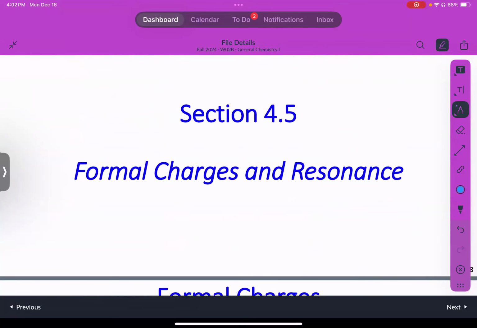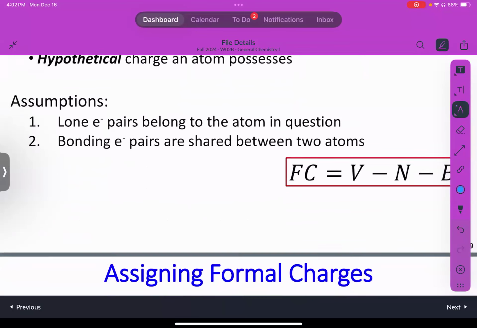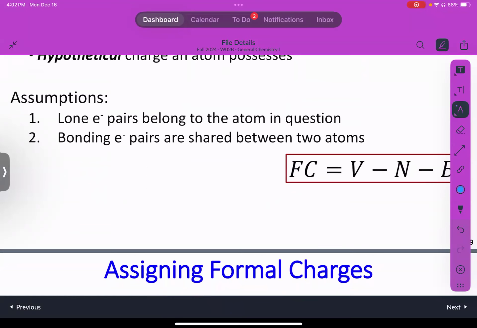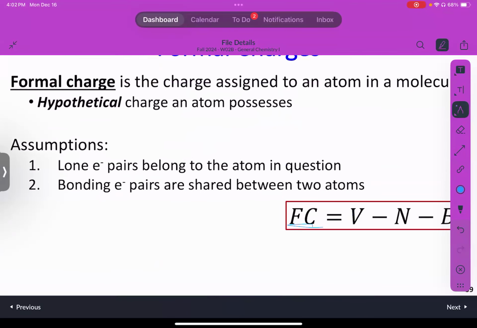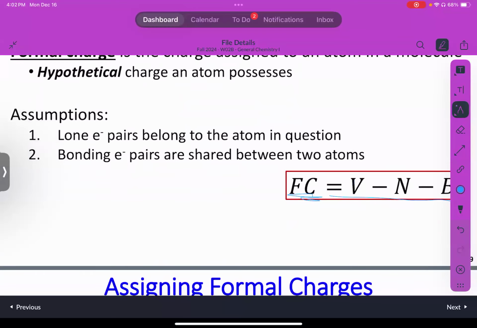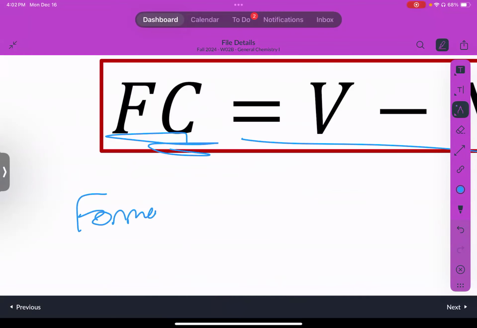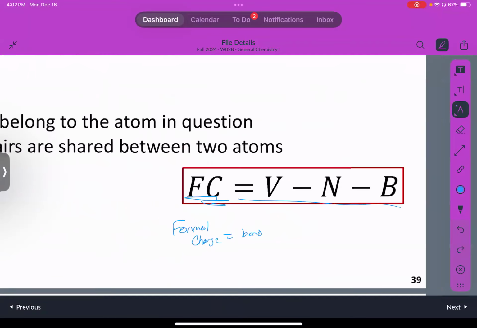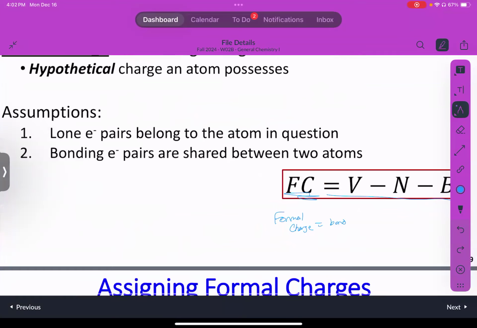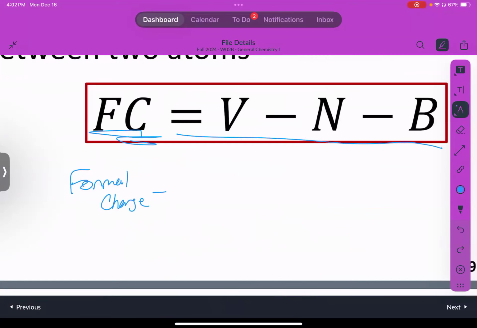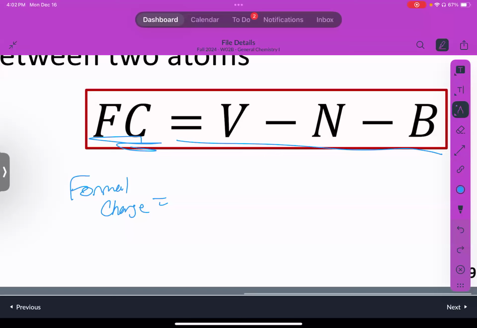I'm kind of jumping the gun with formal charges, but formal charge is really important. I usually just do formal charge equals valence electrons minus bonds minus nonbonding electrons.